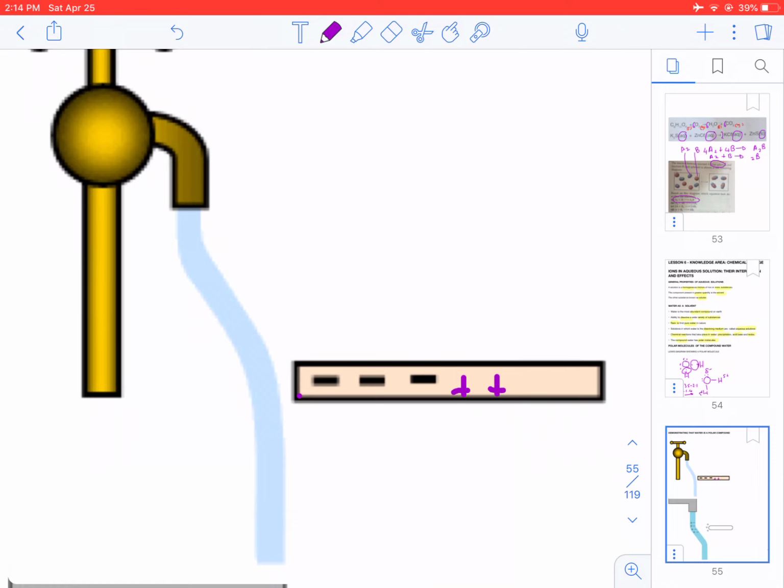But as we've illustrated, water is a polar molecule, and we find that as we bring this particular rod or ruler near the water, it gets attracted. Now, how do we interpret this? We know that water has hydrogen and oxygen, and I'm not going to show the dots or the electrons here.